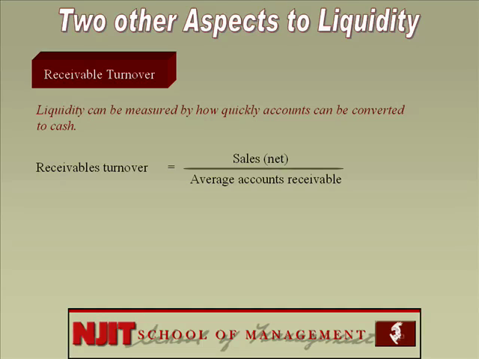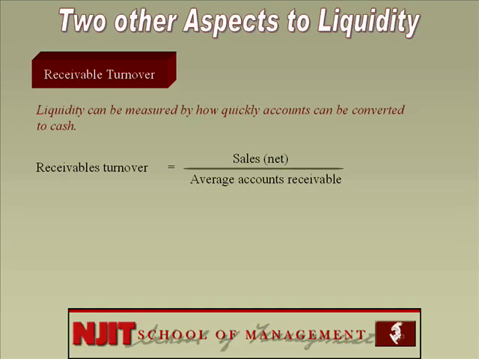Okay, let's talk about this a little more. I'm going to repeat. An important aspect of liquidity is how quickly accounts receivable can be converted to cash. The more quickly, the better for your cash. Let me repeat that.